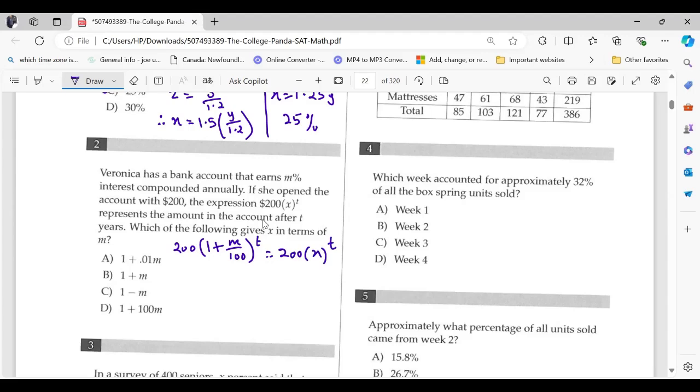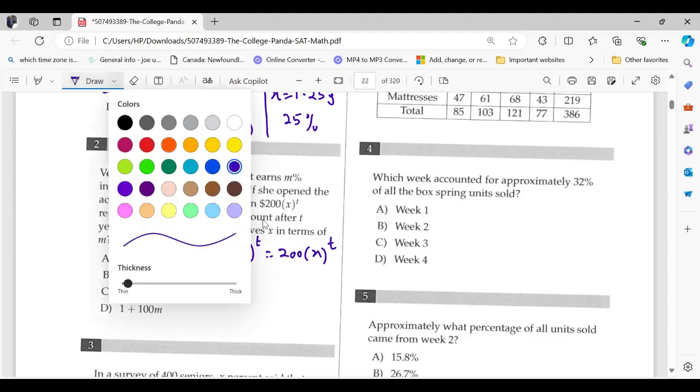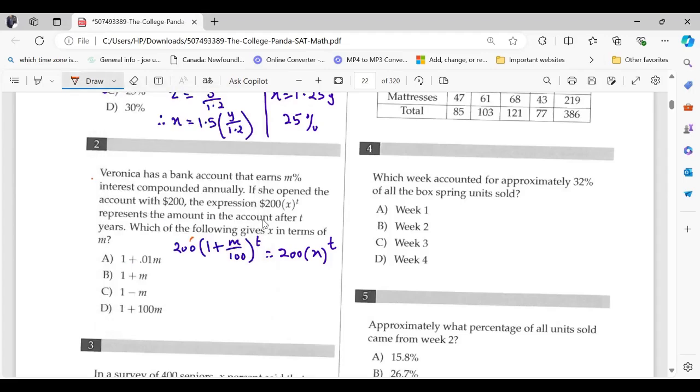So, of course, when we divide both sides by 200, this and this will cancel out. If you take the T-th root, that will also cancel out. So we have 1 plus M over 100 equals S, all right?